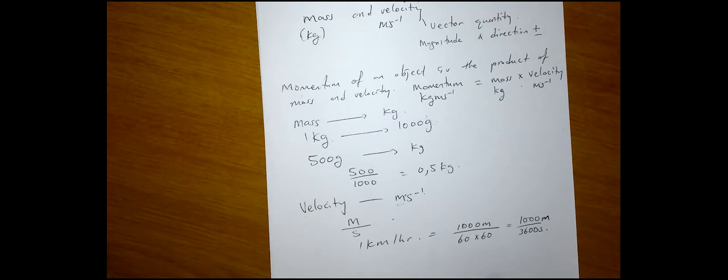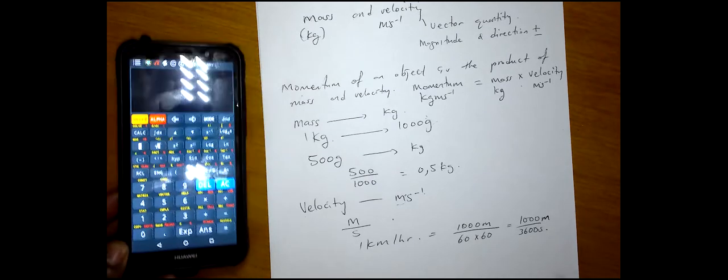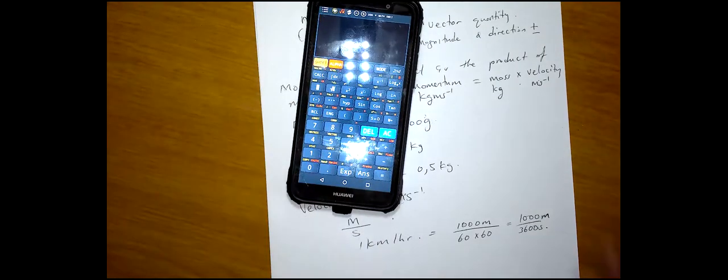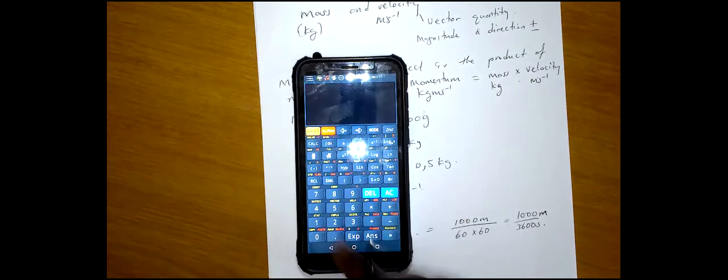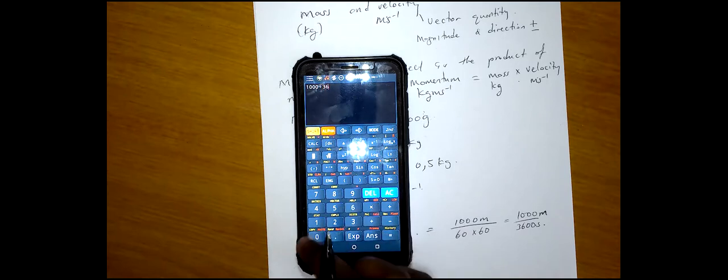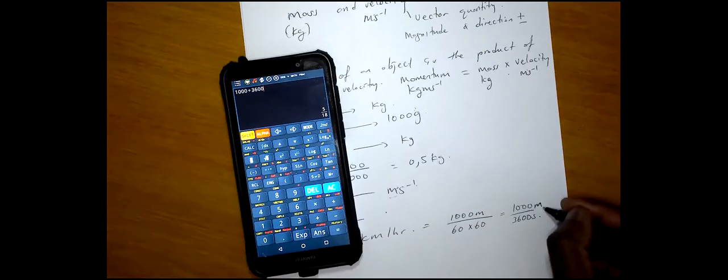So we have 60 times 60, which gives 3600. So whenever anything is given in kilometers per hour, you must multiply it by 1000 over 3600. Simplifying 1000 divided by 3600 as a fraction, we get 5 over 18.